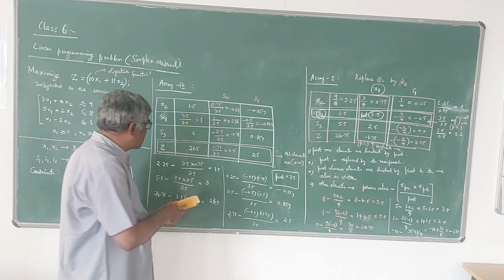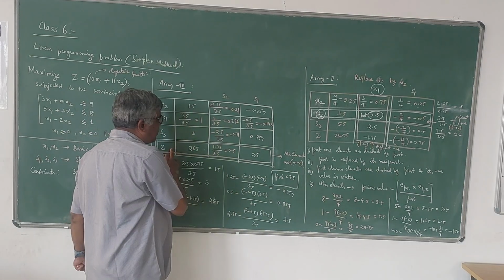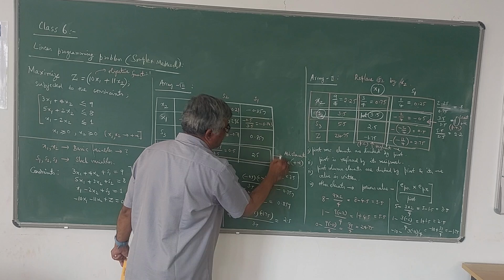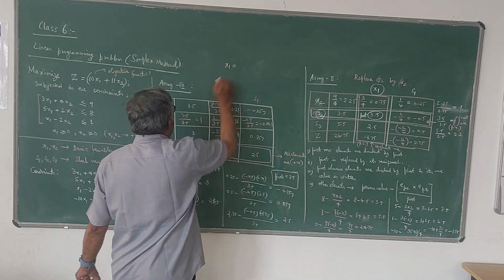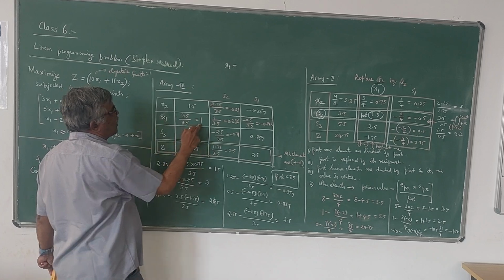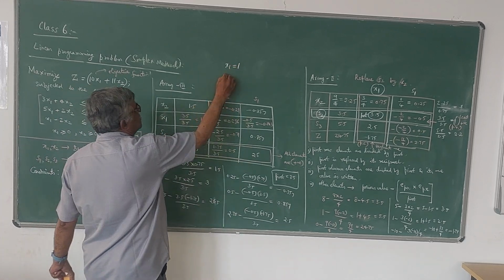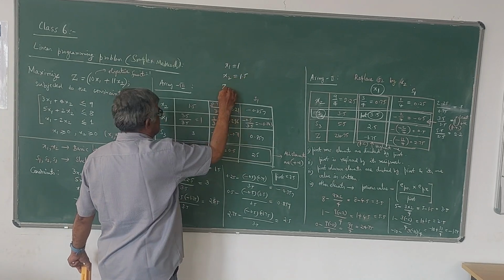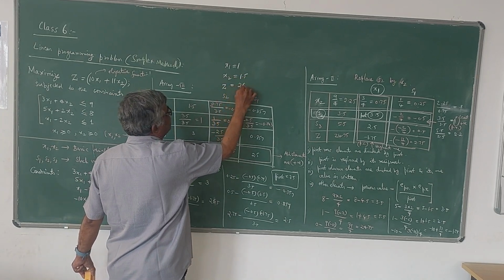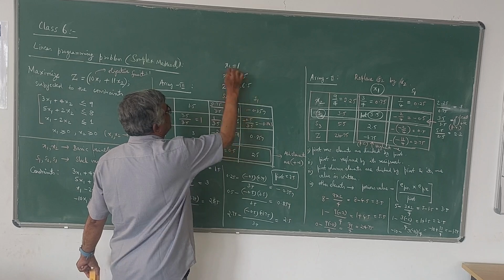Because all these are positive, this becomes the last step. From the last table, x1 is 1, x2 is 1.5 and z is 26.5. So this is the solution.